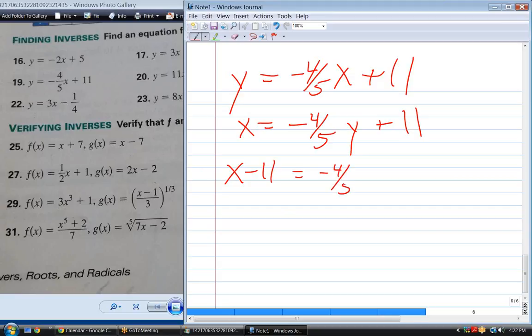Then multiply by the reciprocal, so it's 5/4. Positive or negative? Negative. Yes. In other words, we want to multiply both sides by the reciprocal of that number, and the reciprocal of that number is negative.